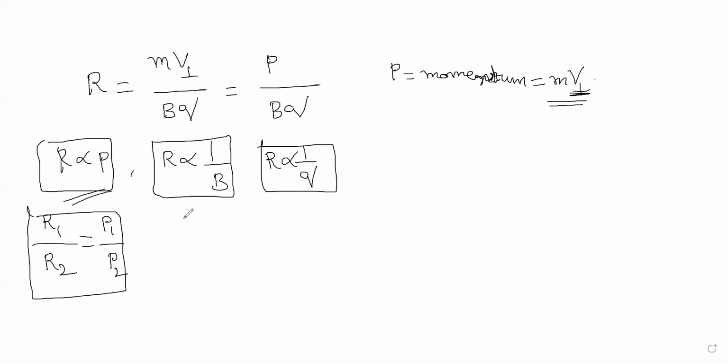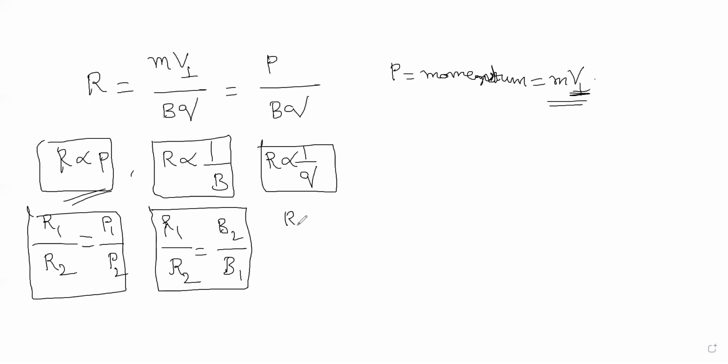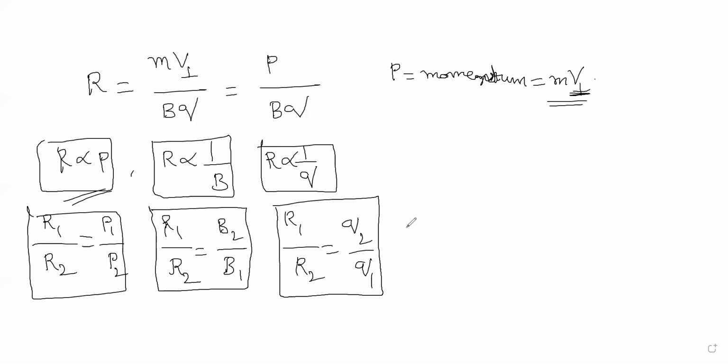Radius of the one particle to radius of the next particle is B2 by B1 if they are subjected to different magnetic fields, keeping all other quantities constant. Similarly, R1 by R2 is equal to Q2 by Q1. The larger the charge, the smaller the radius it would be.